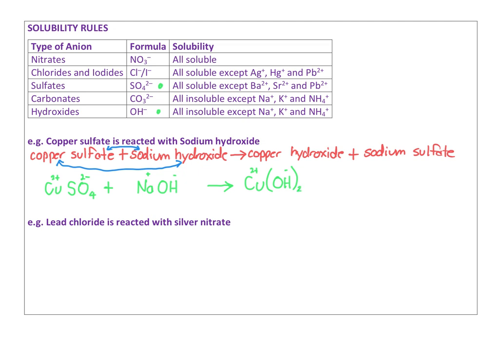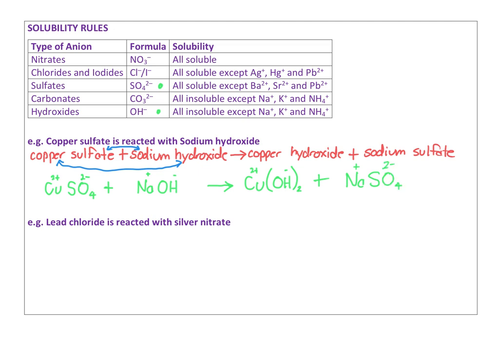So we need 2 hydroxides. So because it's a polyatomic ion, we put the brackets around it. So we would have 2 negatively charged hydroxide ions, giving 2- charge in overall, and a copper ion which has a 2+, 2+ and 2- now balance, plus we would have sodium, Na+, plus, and then sulfate, our polyatomic ion again, SO4, 2-.